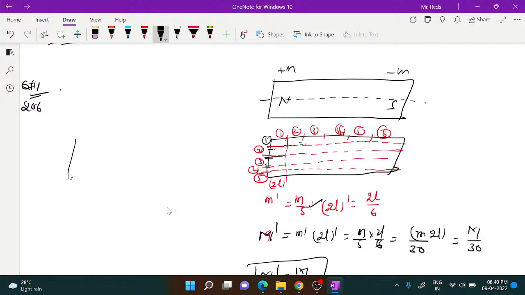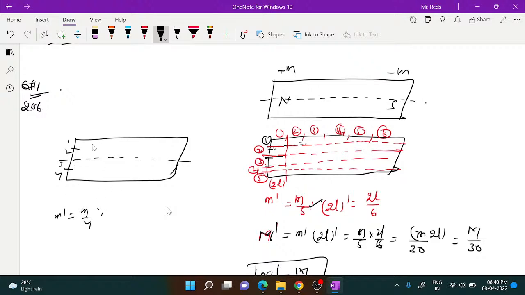If this is a magnet, 4 pieces means 1, 2, 3, 4 pieces. 4 pieces means m dash will become m by 4, and L dash remains the same.